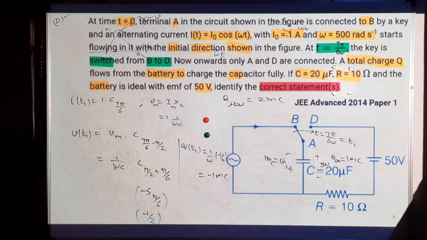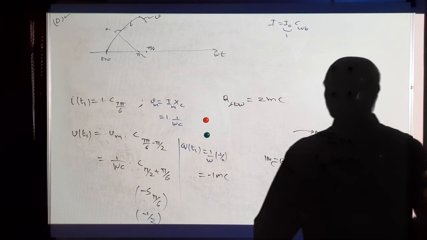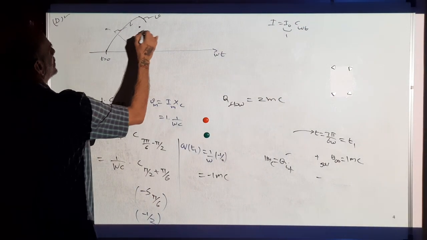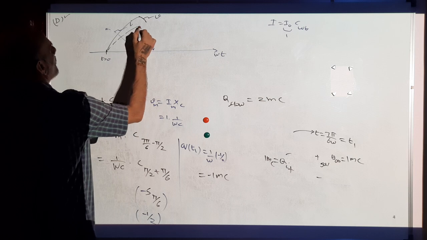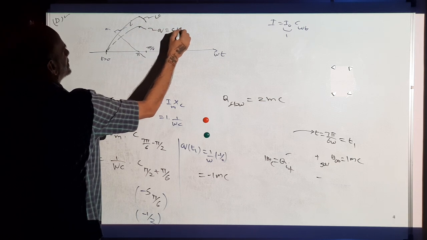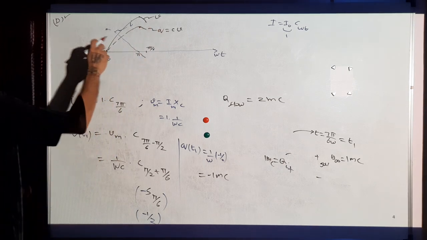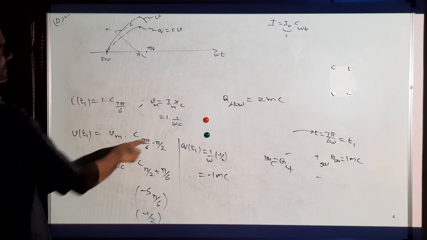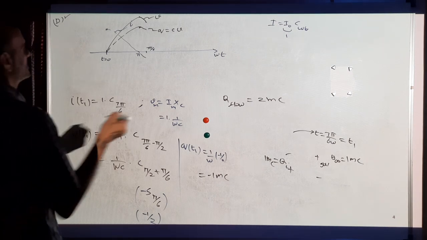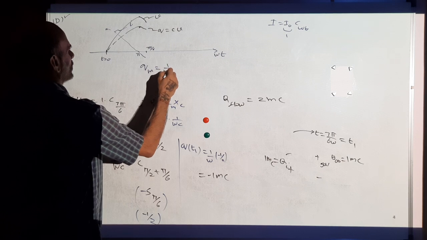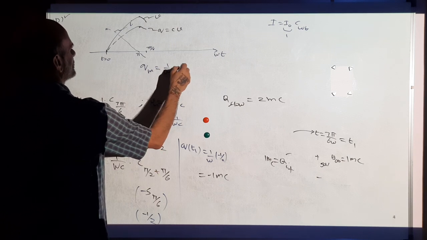Before the switch is thrown, it's just a capacitor and an AC source. So charge will also attain a maximum at the same point, because charge variation is the same as this one, because Q is nothing but C into V. So this multiplying factor C is this one. If I know Vm, I know Qm. Vm is 1 by omega C. So Qm is Vm into the capacitance value.